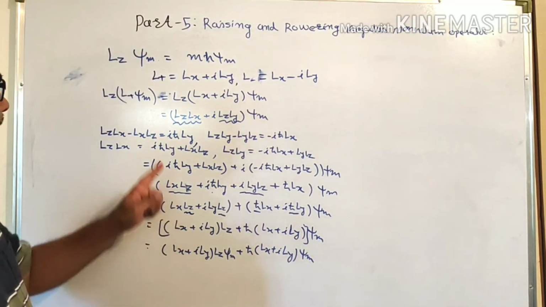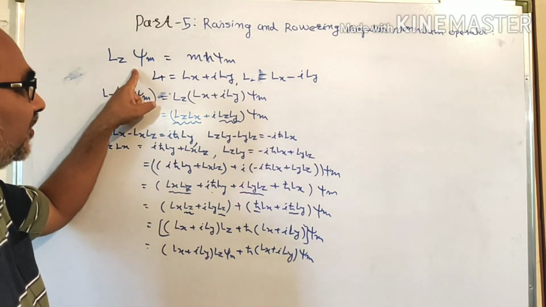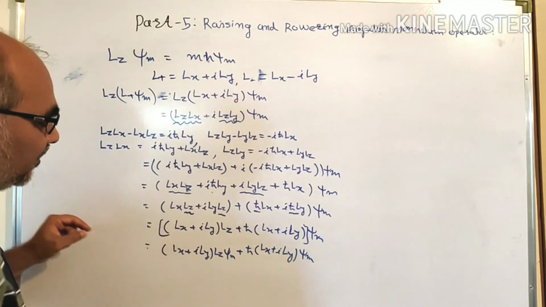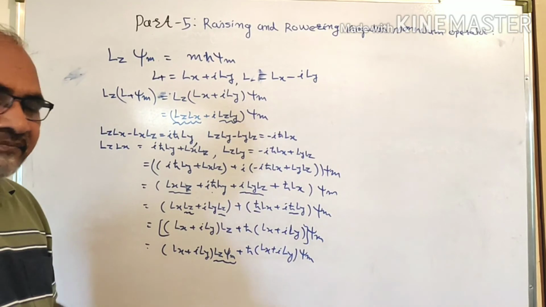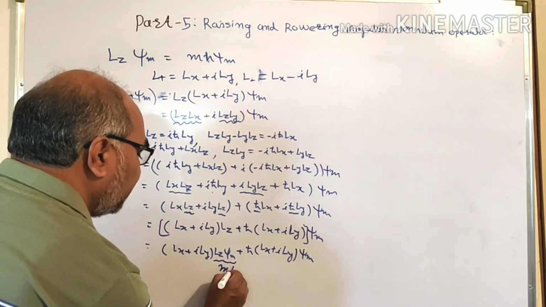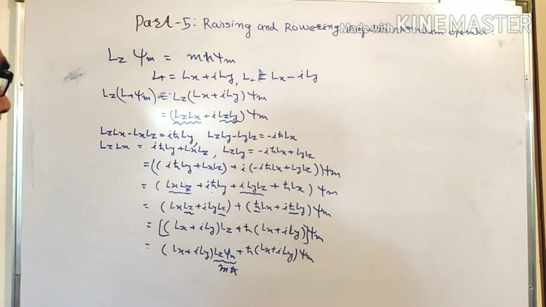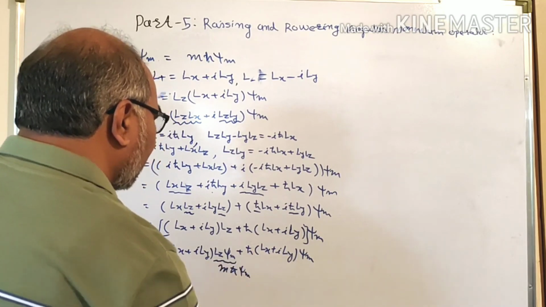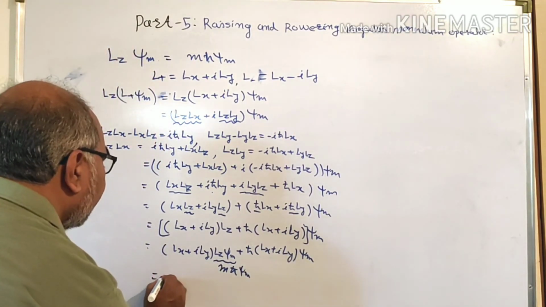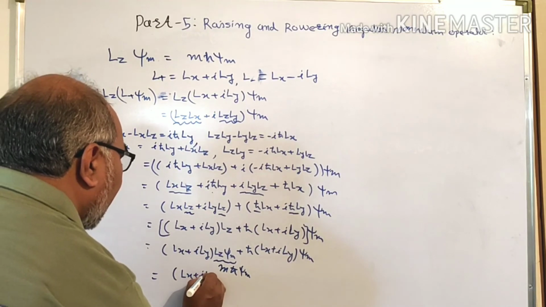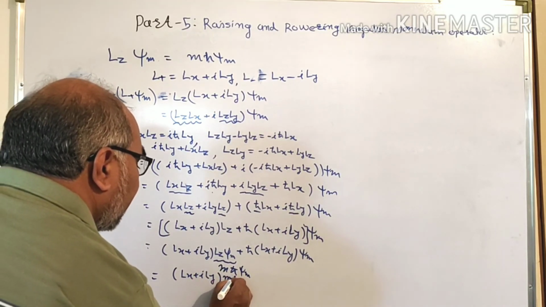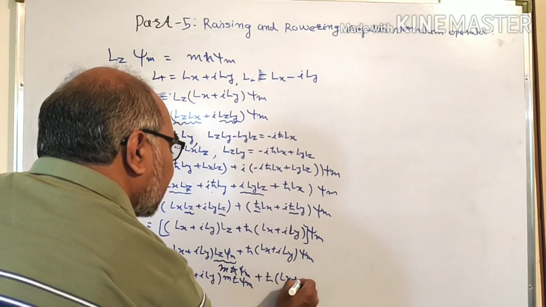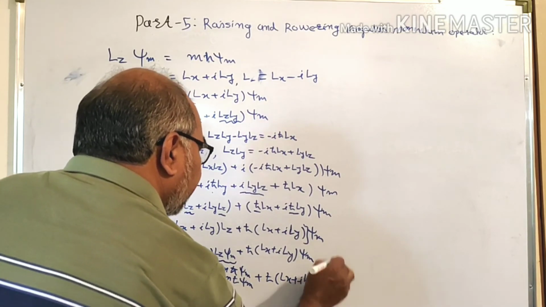But we know that when Lz operates on psi m, we get mħ psi m, so we can write (Lx plus iLy) mħ psi m plus ħ (Lx plus iLy) psi m.